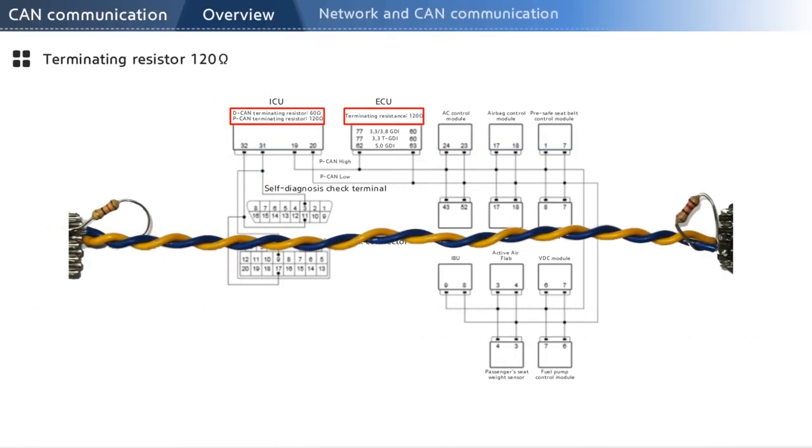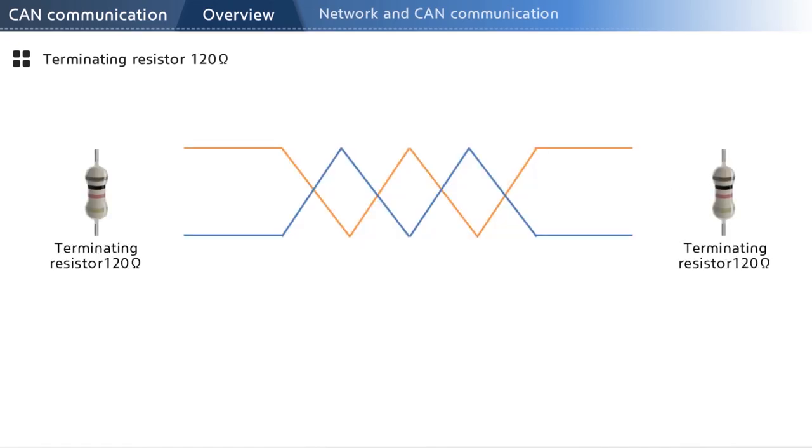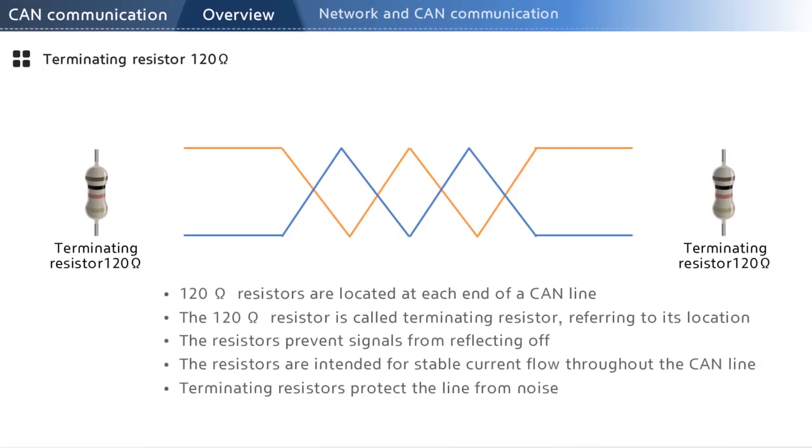In addition to the twisted pair wire, the CAN communication also features 2 resistance points called terminating resistors. What do terminating resistors do? Voltage signals generally travel along the wires, gradually weakening, but reflected at an end of the wire.